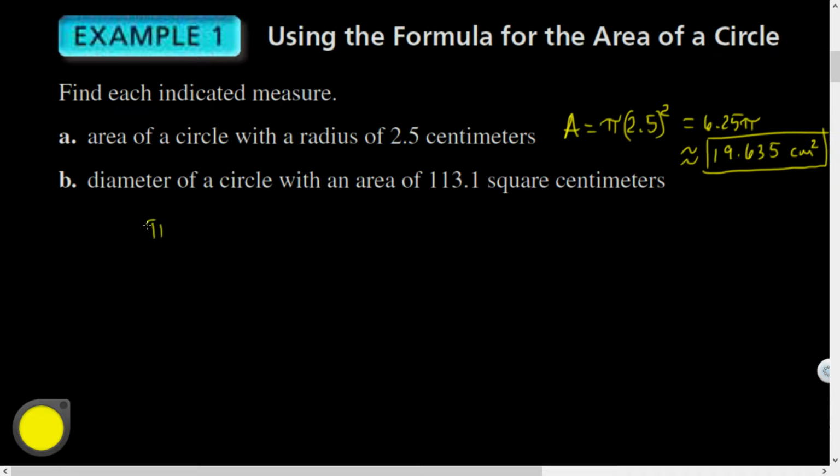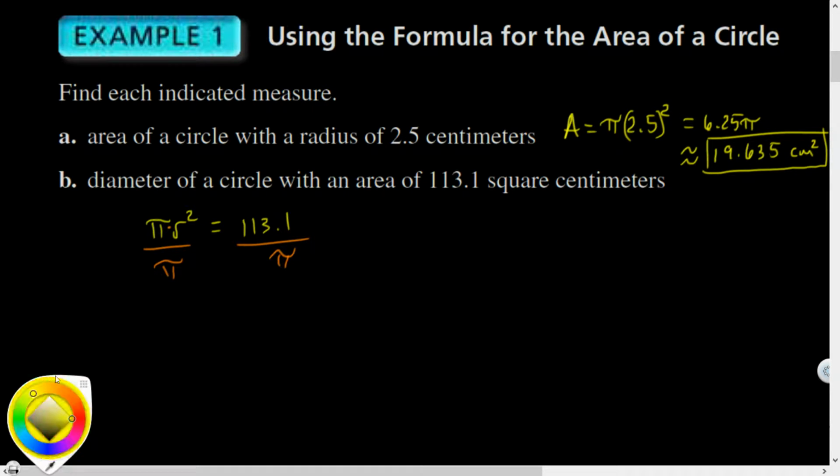So, pi r squared is equal to 113.1. How could I solve that for r? It's being multiplied by pi. So divide both sides by pi, and then I'll root both sides. 113.1 divided by pi.